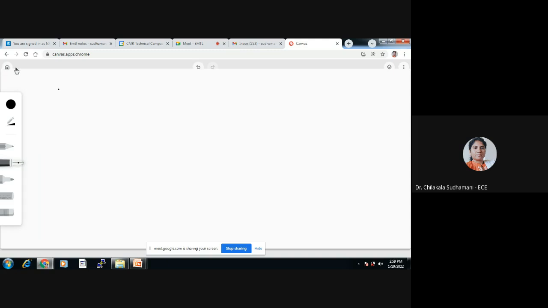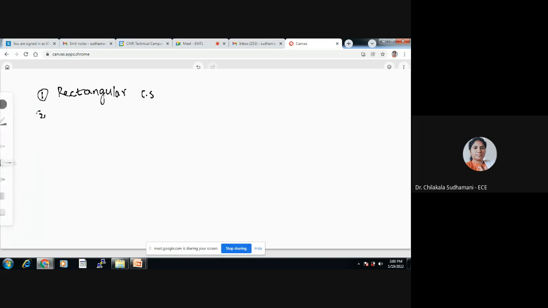Okay. We have three coordinate systems. They are the rectangular coordinate system, or Cartesian. Another name of this coordinate system is rectangular or Cartesian.